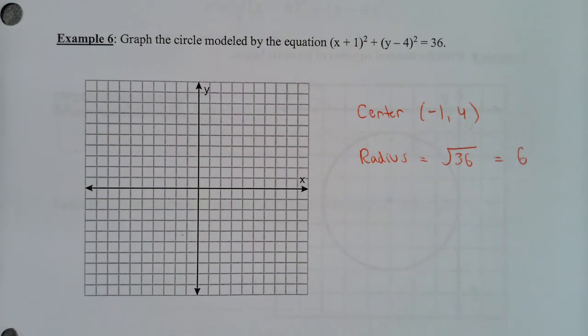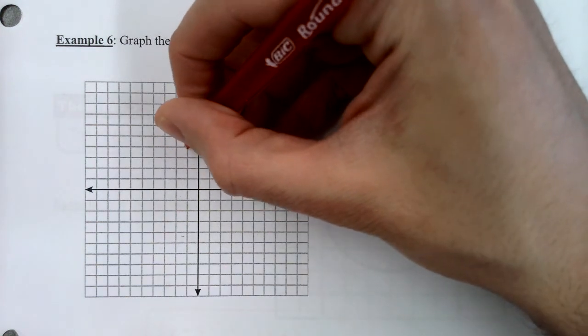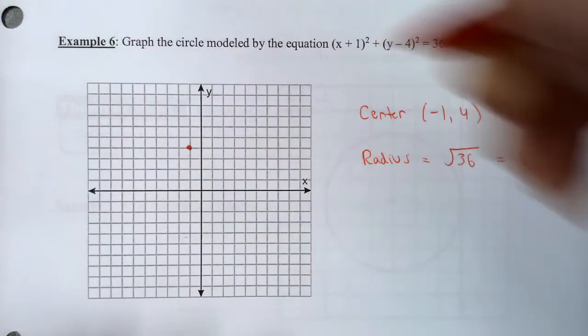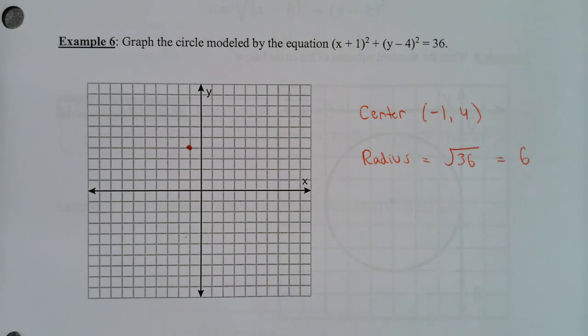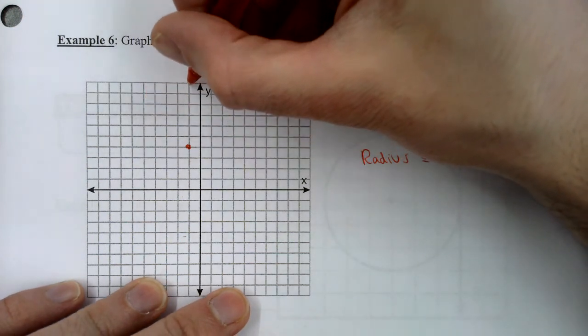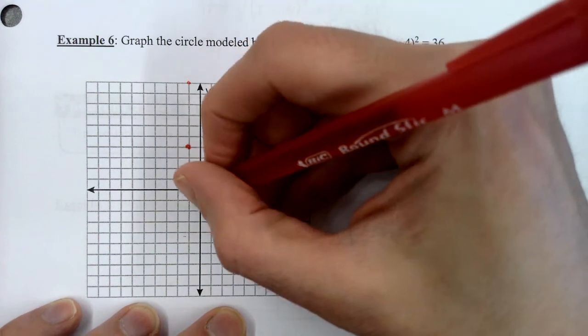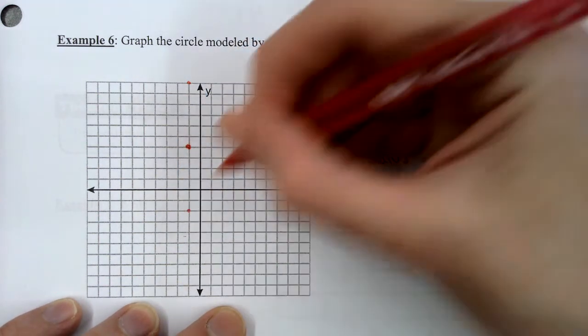So again, plot the center first, negative 1, 4. Then you're going to go up 6, plot a point, down 6, plot a point, right 6, plot a point, left 6, plot a point.